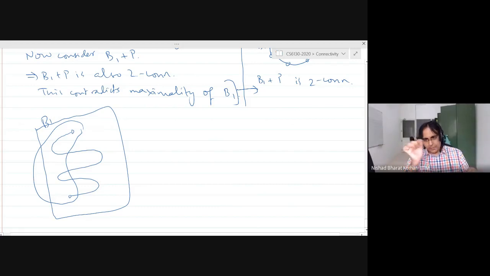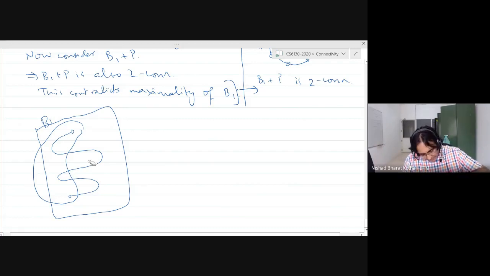So let's look at this path P, right? This path P starts at some vertex in B2, let's say U. If the first edge is already in, let me think. What if the very first edge is in B1? I don't see how to fix it.